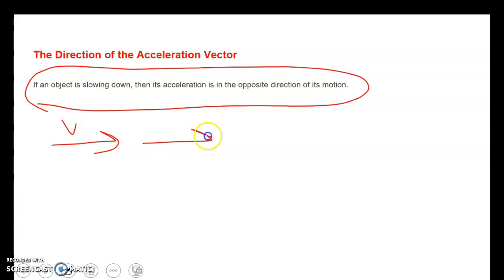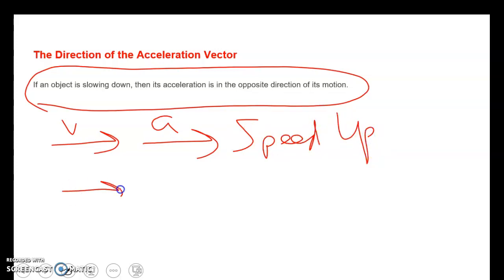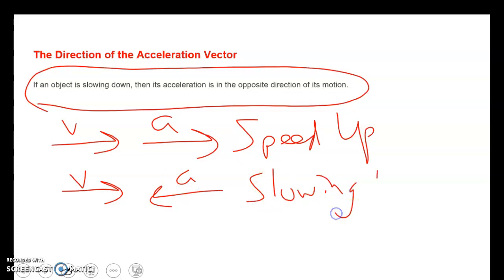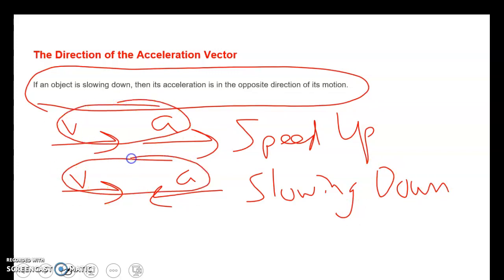If we speed up, our acceleration is going the same way. If our velocity is going this way and our acceleration is going opposite, we are slowing down. So speeding up, they go the same direction. Slowing down, they go in opposite.